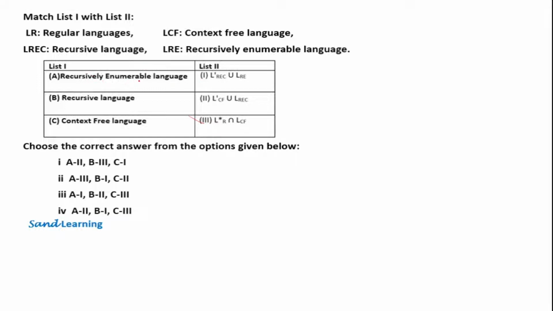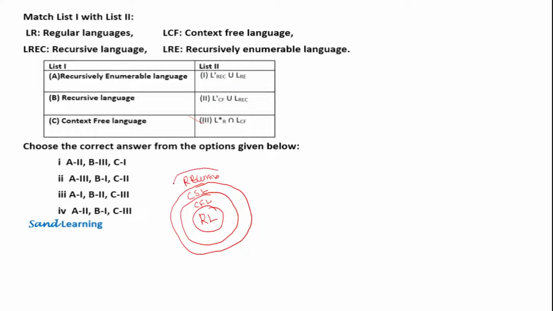To solve this particular problem, we should know the Chomsky hierarchy. In this hierarchy, the first is a regular language. Outside the regular language is enclosed the context free language, and this context free language is inside the context sensitive language, and then we have the recursive language.